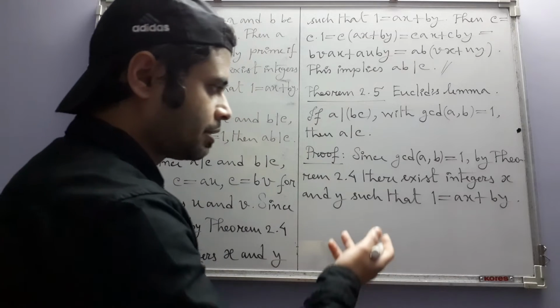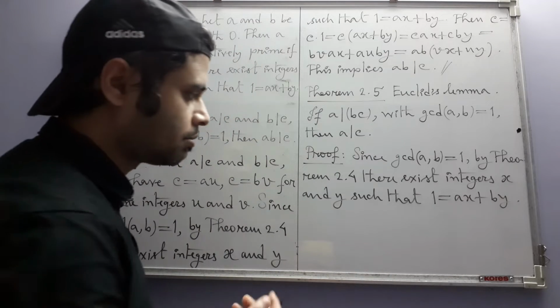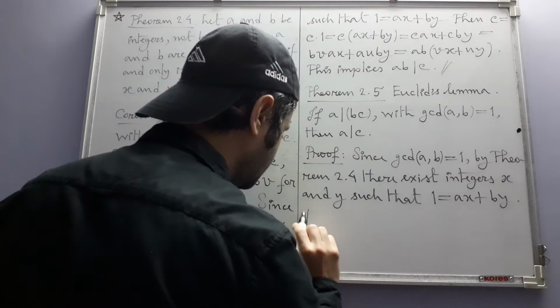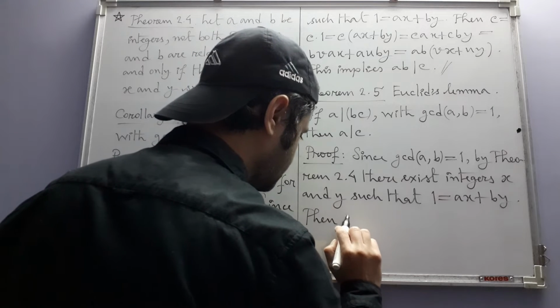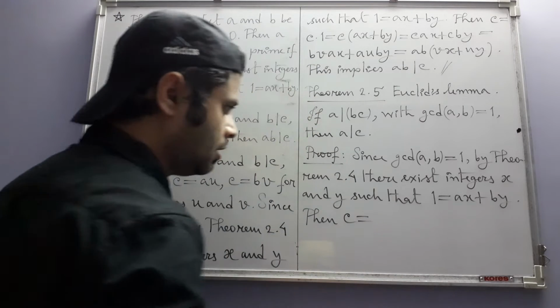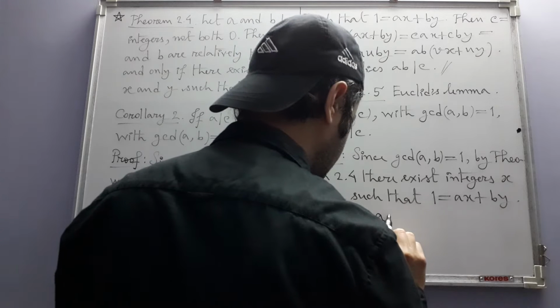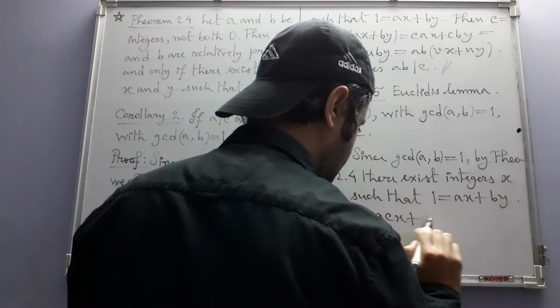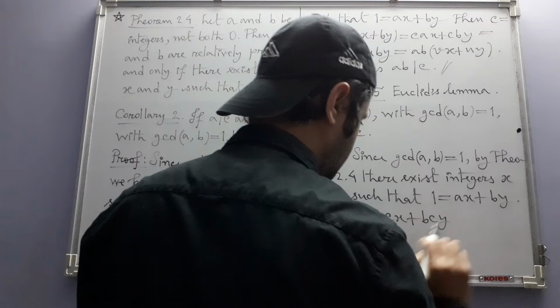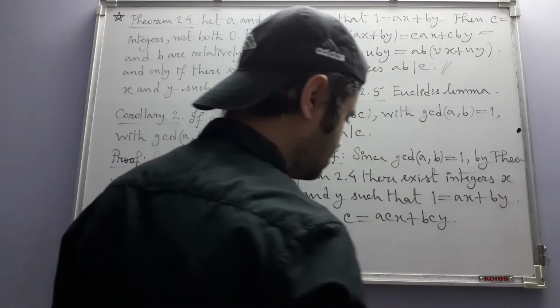Now if you multiply both sides of this equation by the integer c, you will have c equal to acx plus bcy.